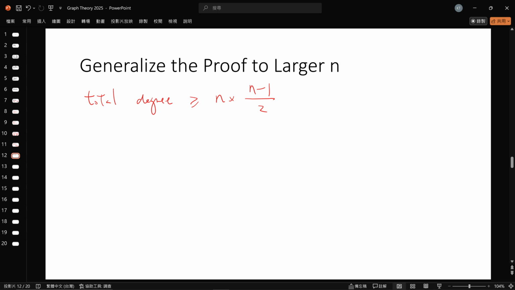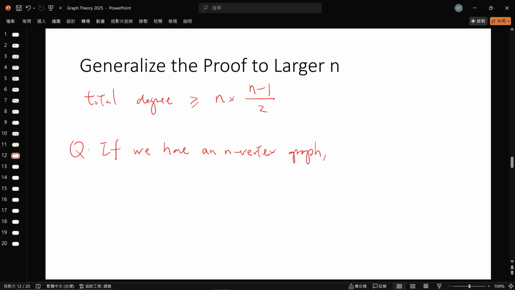So now we have another question. If we have m vertices, what is the number of edges you need to guarantee the connectedness of the graph?